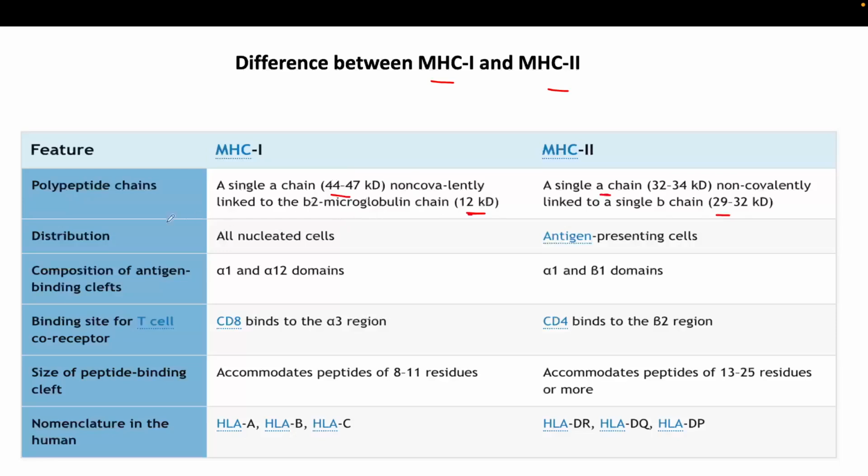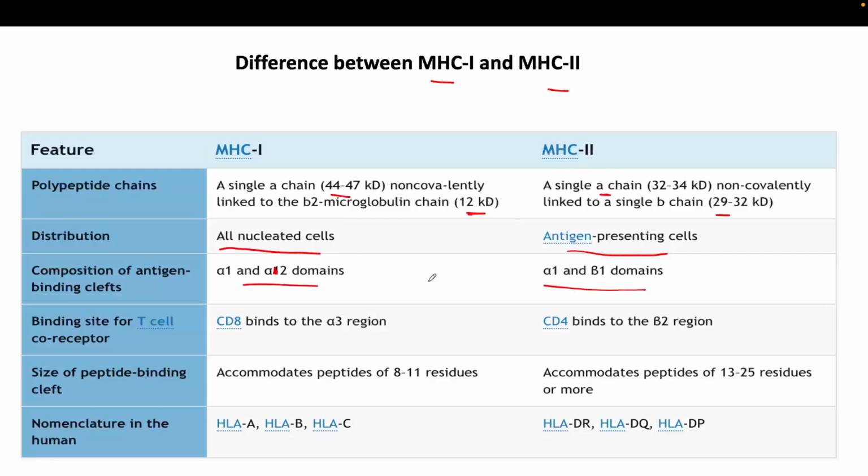But in case of MHC1, the alpha chain is bigger in size in comparison to the beta 2 microglobulin chain. And regarding distribution, the MHC1 molecule is present on all nucleated cells, while MHC2 is only present on the antigen presenting cells. And for the composition of the antigen binding cleft, we have seen that the alpha 1 and alpha 2 domains make the antigen binding cleft or antigen binding site, or in case of MHC2, it is the alpha 1 and beta 1 domains.